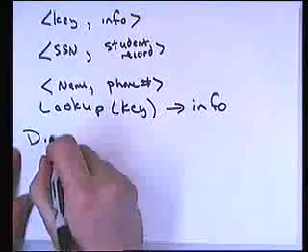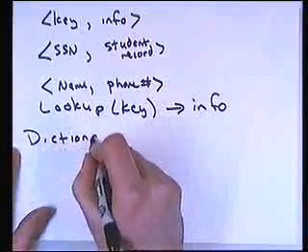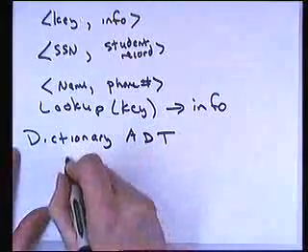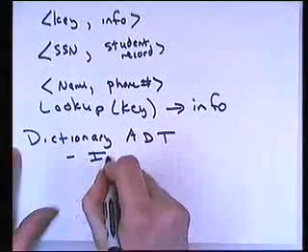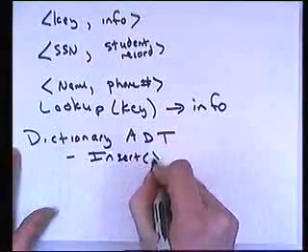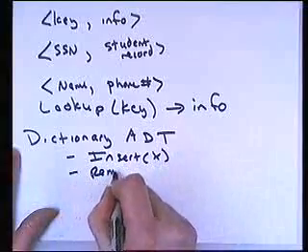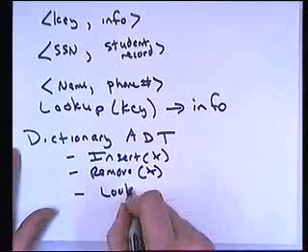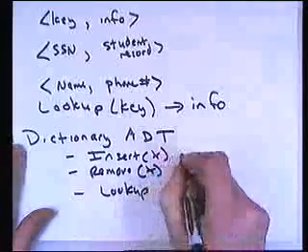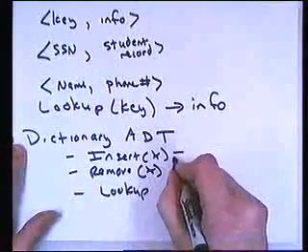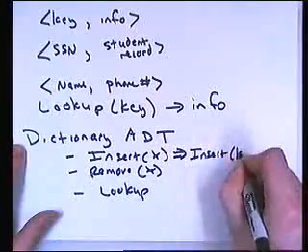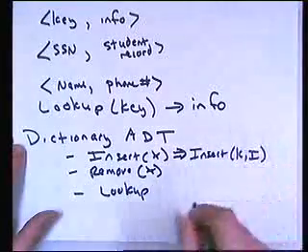So by way of a final definition, you often see the concept of a dictionary ADT. That is an ADT where we're mainly concerned with supporting insert of a value, remove of a value, and lookup. When we say insert X, what we're really doing is inserting a key-info pair.